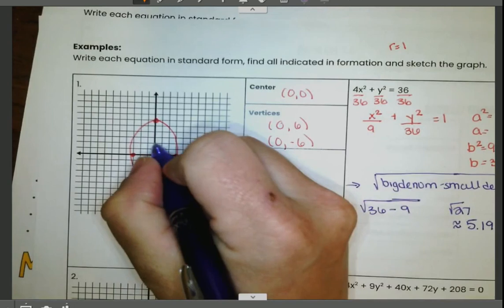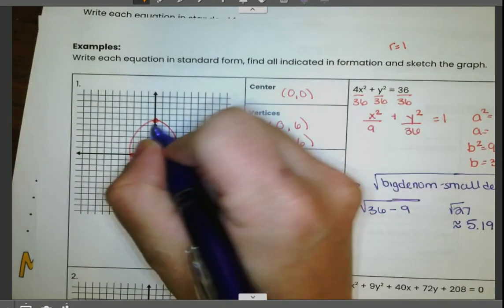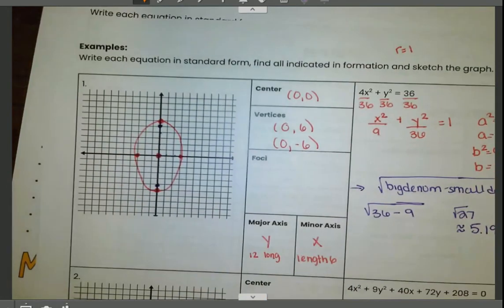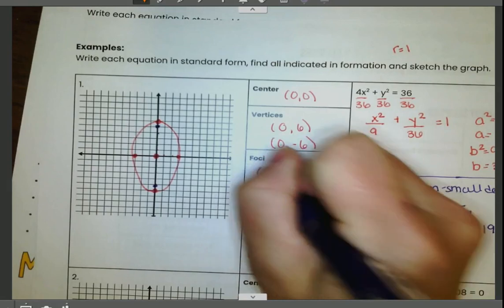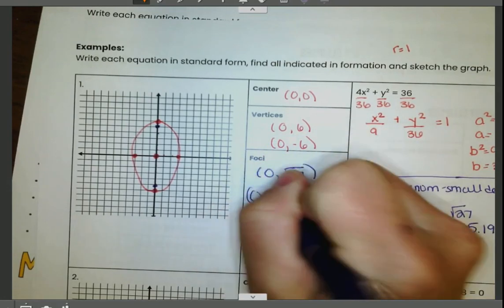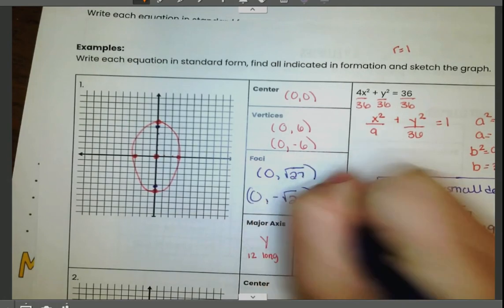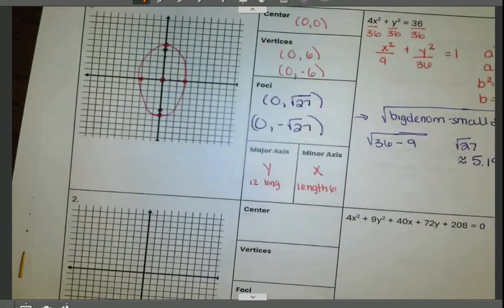So each focus is going to be 5 and a little bit more, and then we can write them as 0, comma, radical 27, and 0, comma, negative radical 27. And that is how you graph an ellipse.